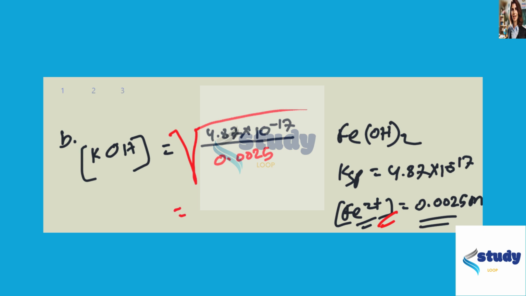If we solve this, we will find the value as 1.4 times 10 to the power minus 7 molar. So this is the required KOH concentration to form precipitate in the case of ferrous nitrate.